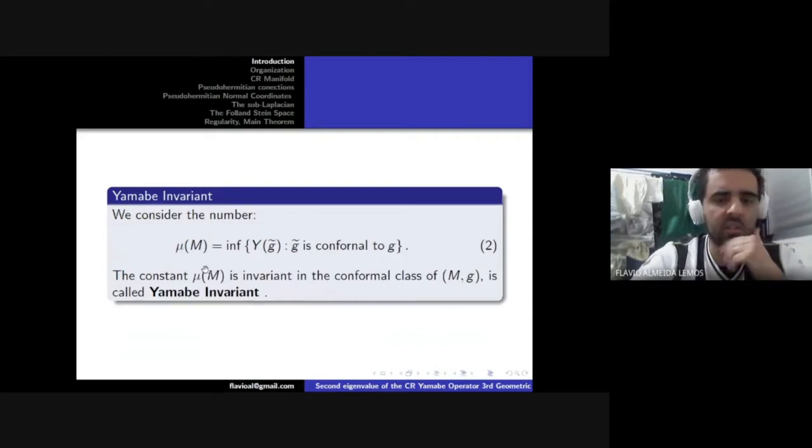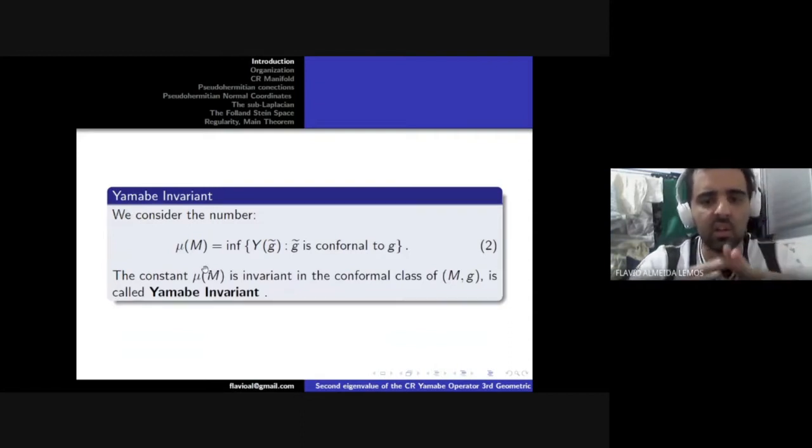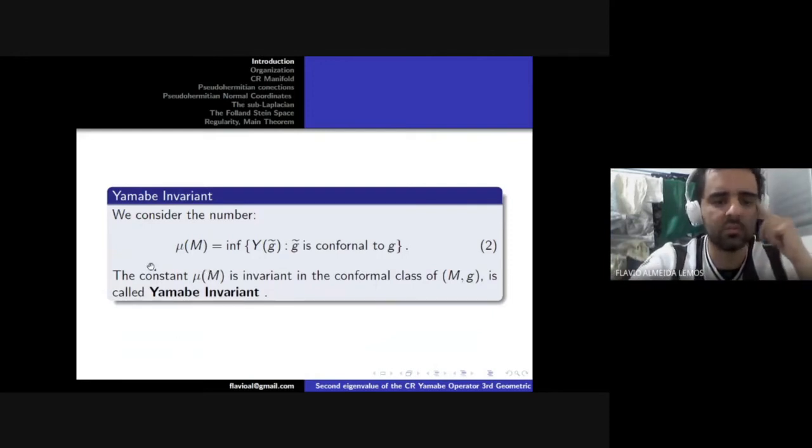This constant is invariant in the conformal class. It is called the Yamabe invariant.